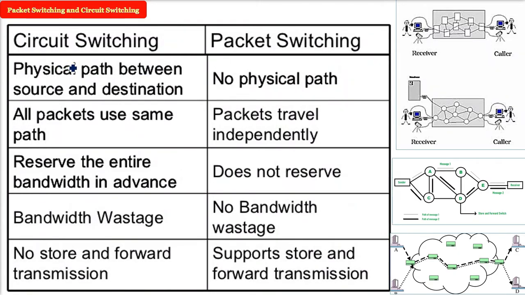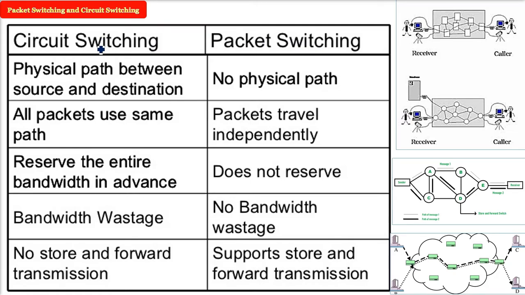What are the differences between a circuit switching network and a packet switching network? How will the connection be established? Circuit switching is connection oriented. Packet switching is connectionless. Packet switching is unreliable.